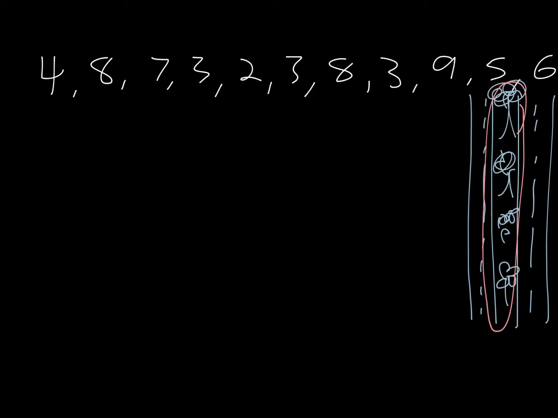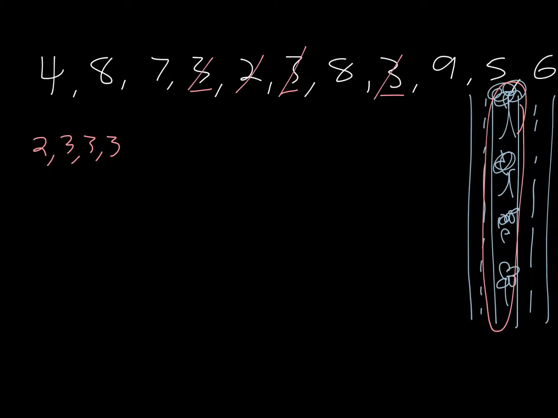So let's just do that. Let's take these numbers up here and put them in order. There's no ones. I'm noticing there's a 2, so we'll put the 2 there. We have 3 3s. So 2, 3, 3, 3. I usually cross them out as I go just to make sure I'm not missing anything.